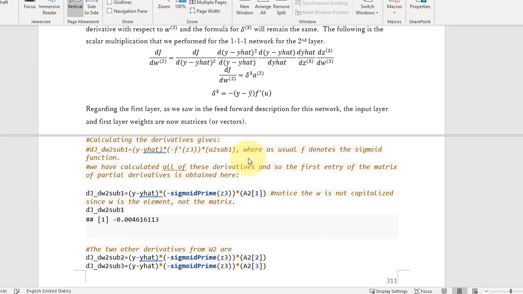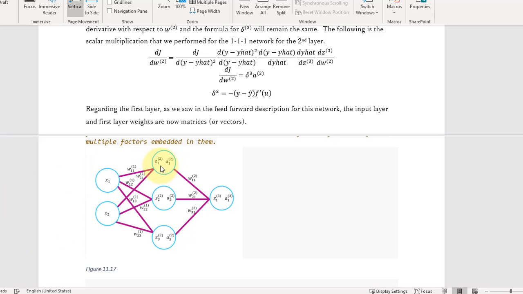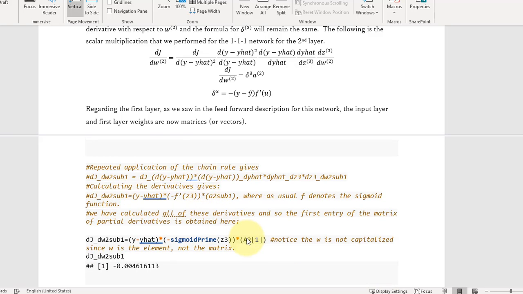Here it's a2 sub 1 because, before, we only had one node here. Now we have 3, so it's not going to be that one node. It's going to be this node because it's connected to this weight. So it's going to be a2 sub 1, but we've said that A2 is a matrix, and this will pull out the first element of that matrix. So this is the same as what we had up here, and that's what it should be.